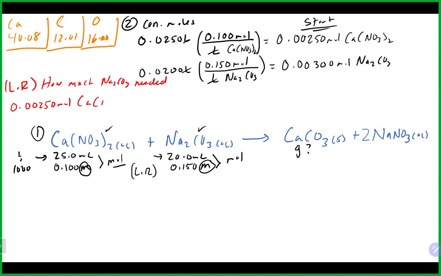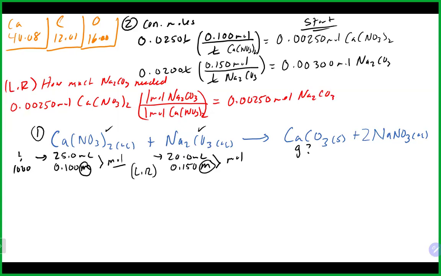I'll go to my balanced equation, and I see that for every 1 mole of calcium nitrate, I have 1 mole of sodium carbonate. That means that I would need 0.0025 moles of sodium carbonate.